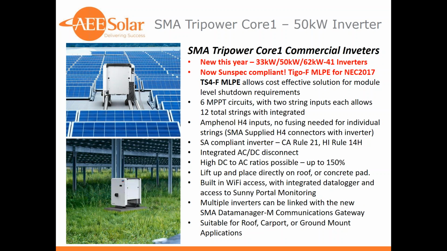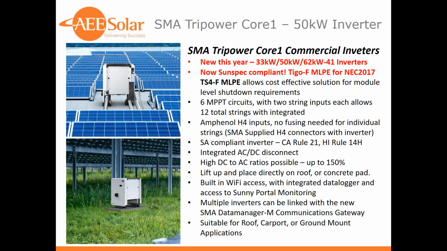So let's talk about some of the advances that we're seeing in inverters. A star performer that we've had for the past year now is the SMA Core 1 inverters. They launched with a 50 kW version, a -40 version that was not SunSpec compliant.